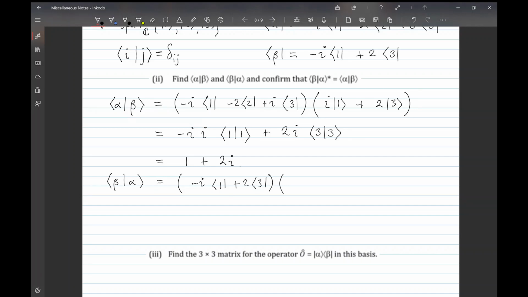And then the ket corresponding to alpha is i, 1, minus 2, 2, minus i, 3. And I'll spare you the details. We write this out again, and we get exactly 1 minus 2i. Okay, and so clearly, take alpha beta, the complex conjugate of that is beta alpha, as required.